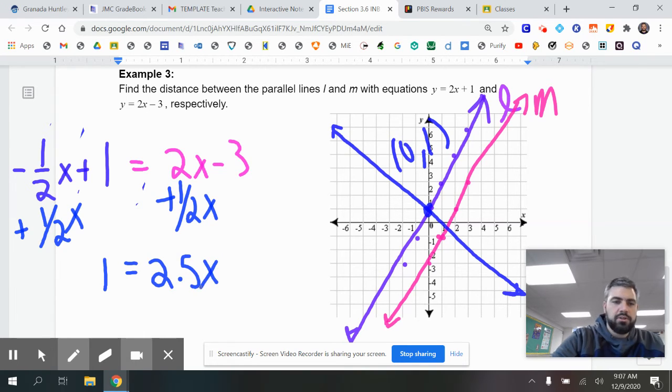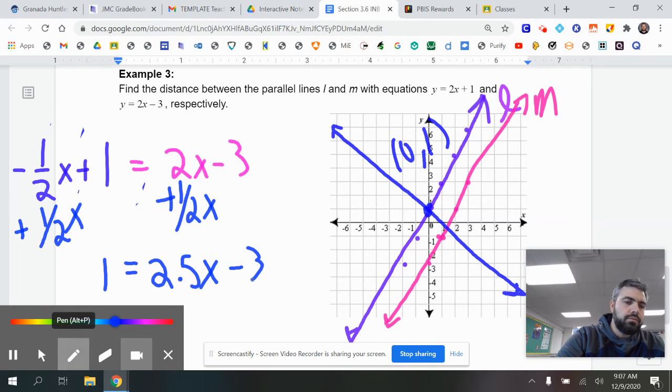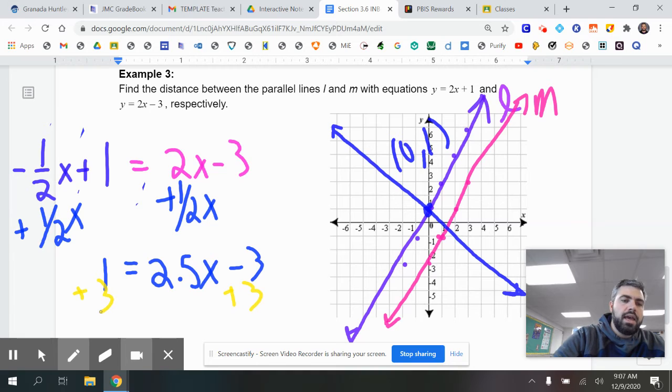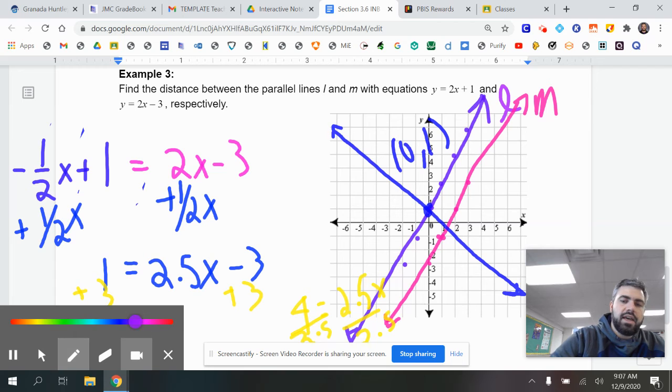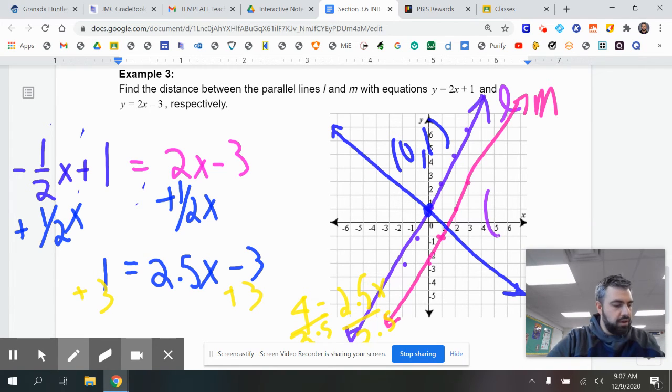I'll just use decimals if that's okay. Okay, I add 3, and I find that 4 equals 2.5x, divide by 2.5, and I find that x, this point right here, I'll go to my calculator, 4 divided by 2.5 is 1.6.